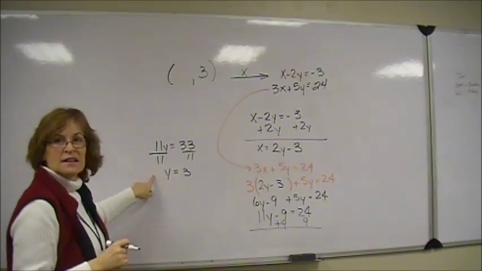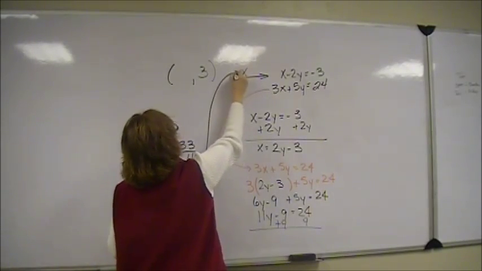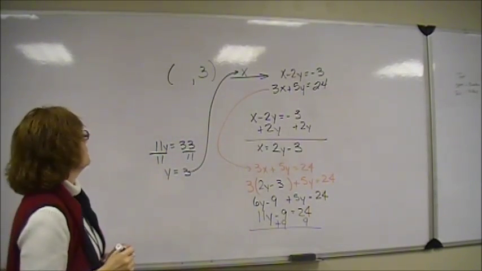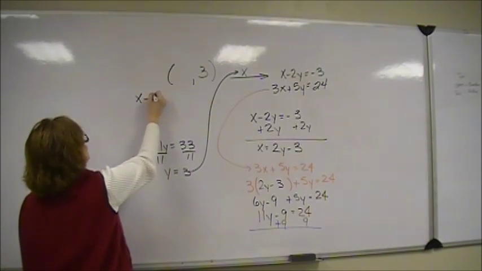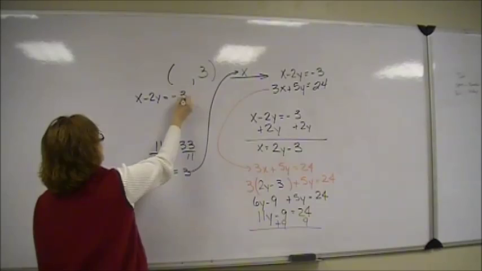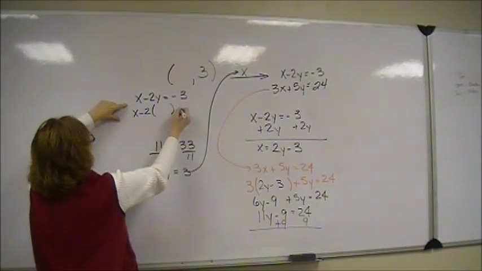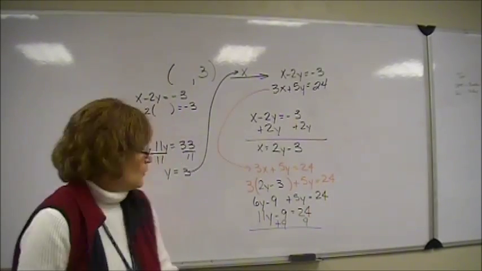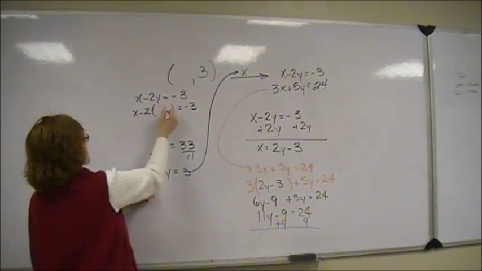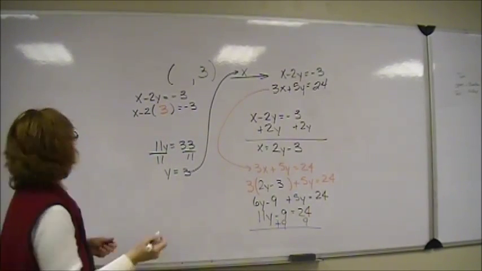So what do I do with this? Well, I put it into the one that I used, and I solve for the other variable. So when I do that, that gives me x minus 2y is equal to negative 3. So x minus 2 times, leaving out my y, is equal to negative 3. I'm going to put in the value I found, which happens to be 3, and I'm going to solve that equation.